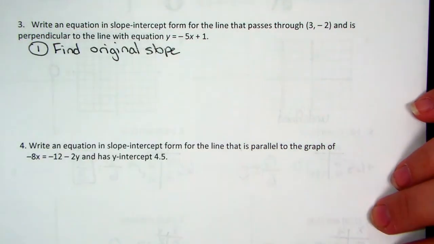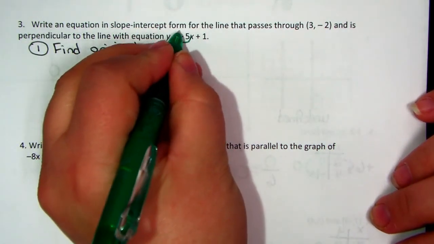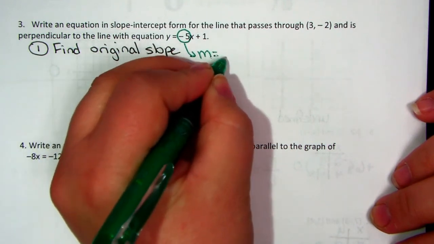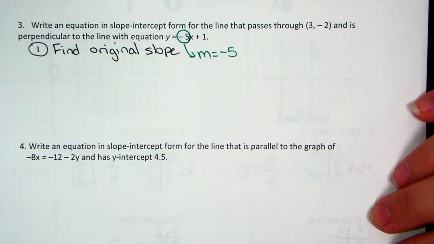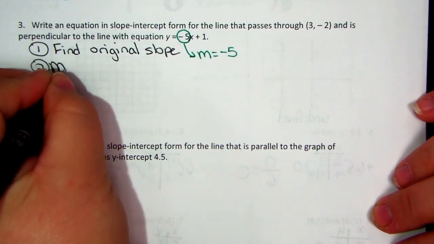What was the original slope? The original slope came from this equation. The number in front of the x, that's my slope. Step 2, make that slope parallel or perpendicular.